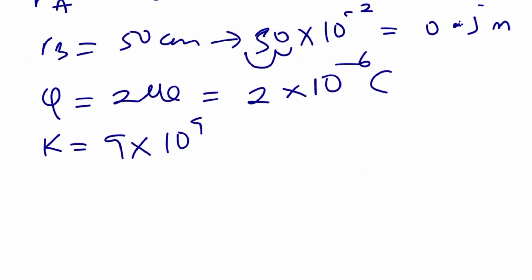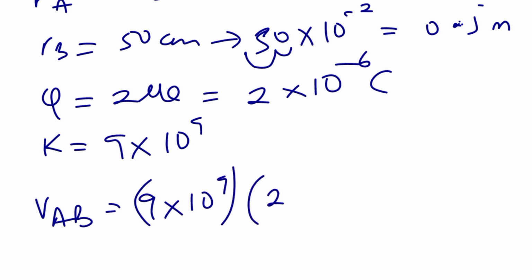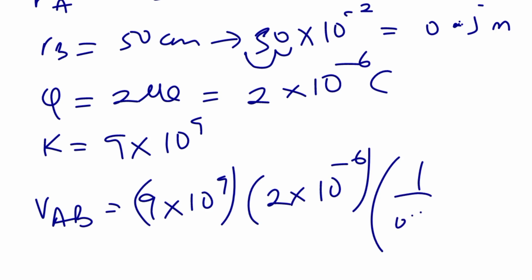So the potential difference between A and B is VAB equals K, 9 times 10 to the power of 9, times Q, which is 2 times 10 to the power of -6, times 1 over 0.3, which is RA, minus 1 over 0.5.